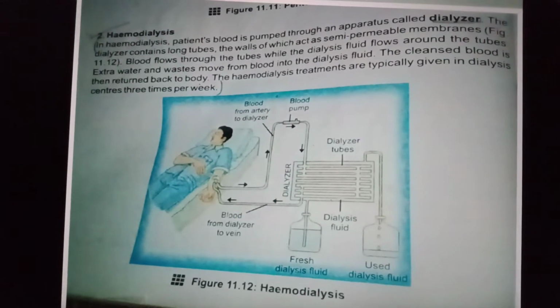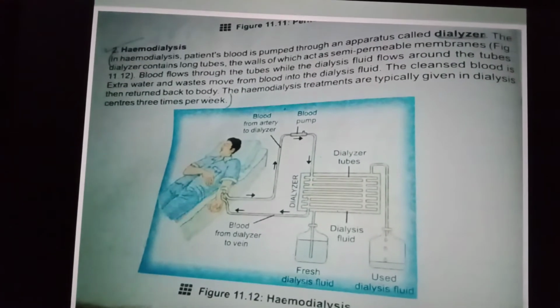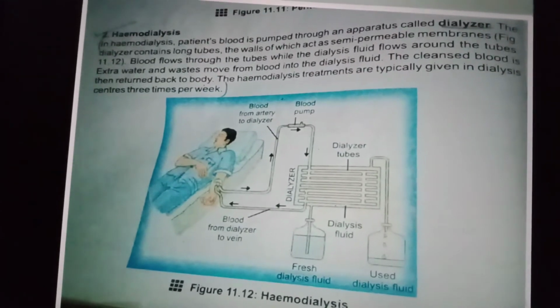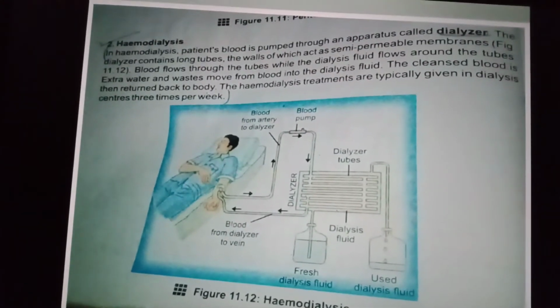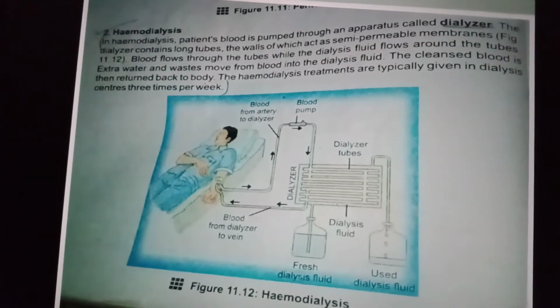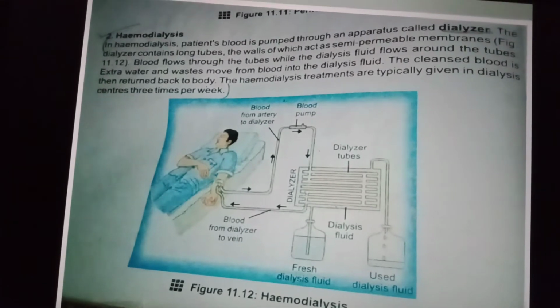The next is hemodialysis. In hemodialysis, the patient's blood is pumped through an apparatus called a dialyzer. The dialyzer contains long tubes, the walls of which act as semi-permeable membranes.